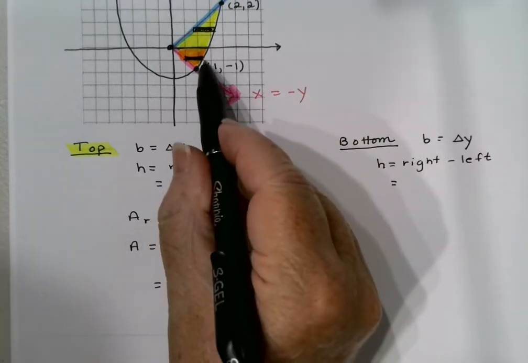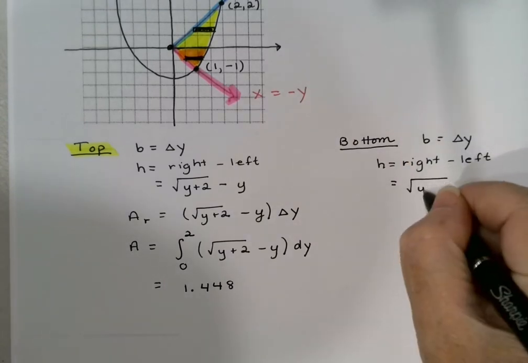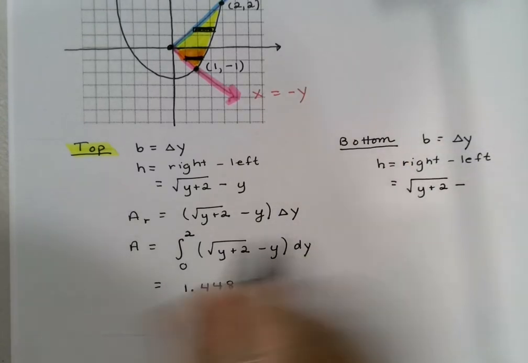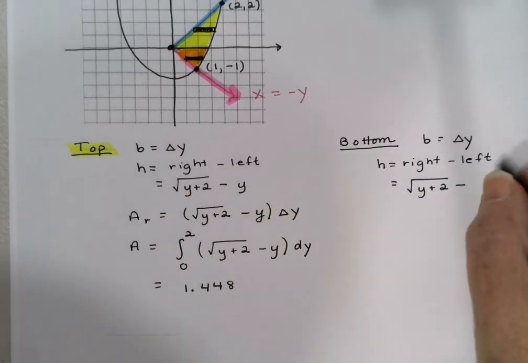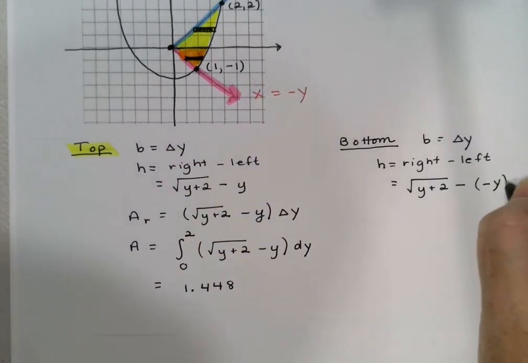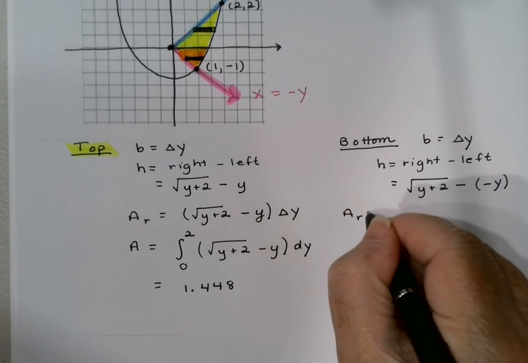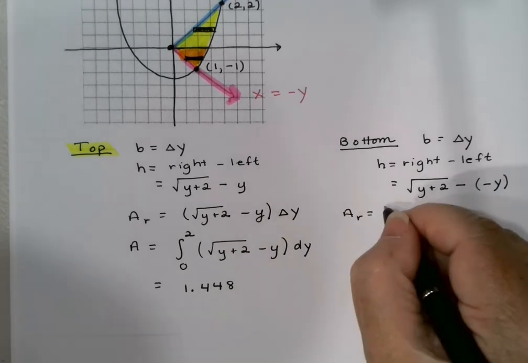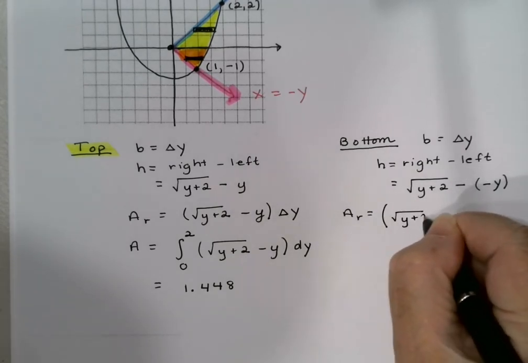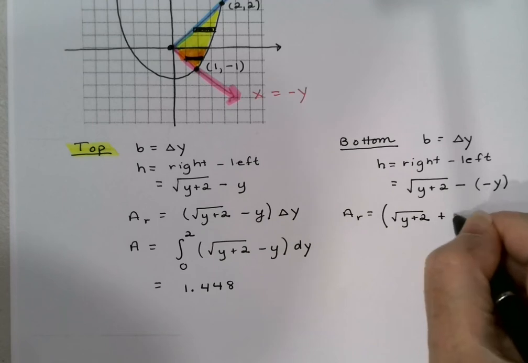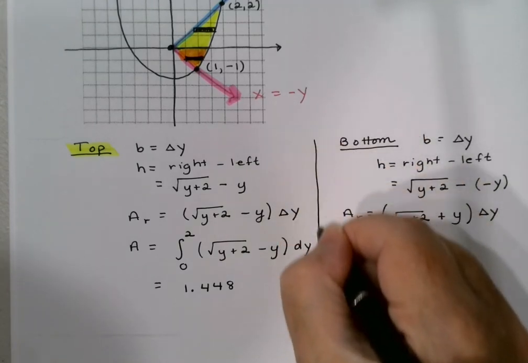The right side is still on the parabola, square root of y plus 2, minus the left side, which is on the pink line, where x equals minus y. So the area of a rectangle, base times height, would be square root of y plus 2, minus a negative will be plus y, times delta y.